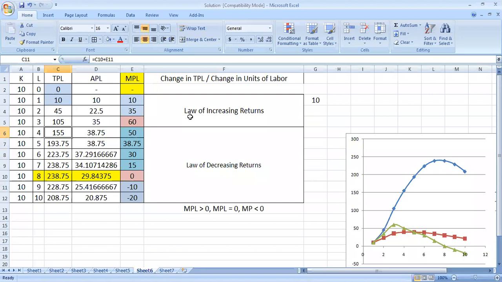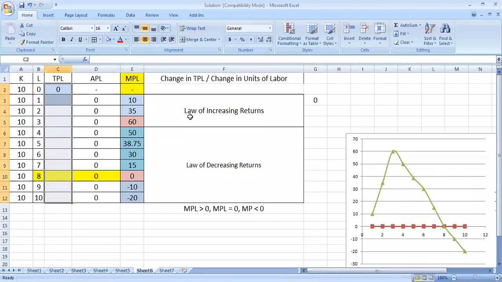If somebody does not know about the column of total product of labor, how should we calculate this column? How can we calculate it? All of you are quite aware of the concept of calculating total utility when you are given marginal utility.